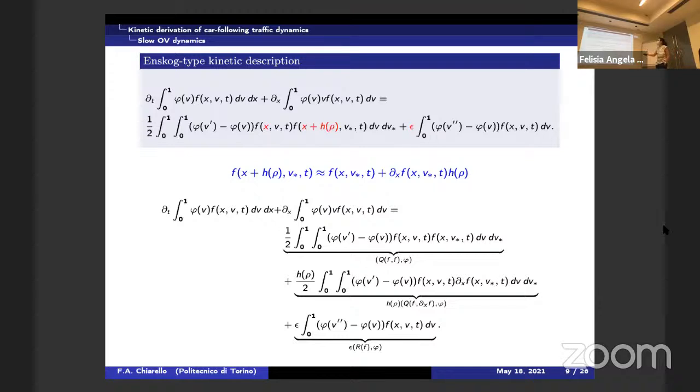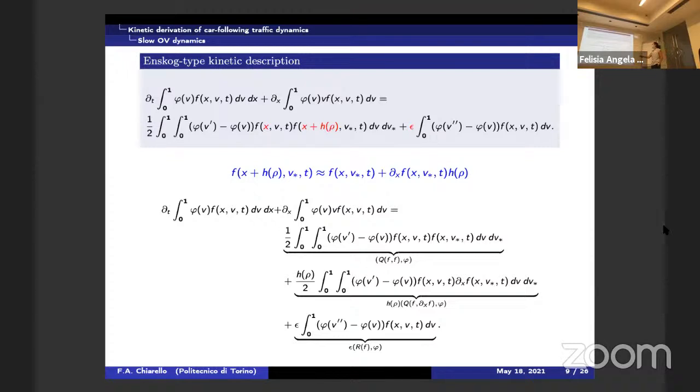So we can observe that here the rear vehicle is in x, the leading vehicle is in x plus h of rho. In order to make computations more amenable, we approximate this distribution function, the distribution function computed in x plus h, like this.